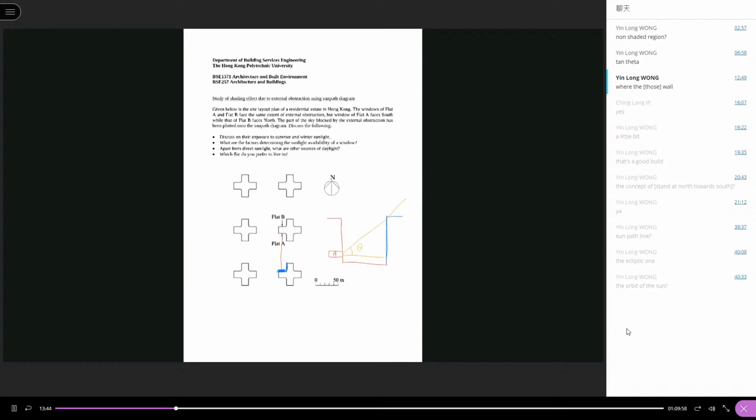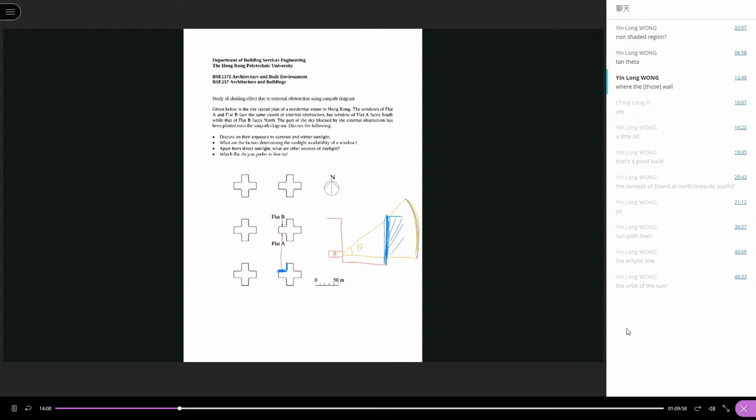Any part of the sky with the angle smaller than theta will be invisible to flat A because it is blocked by this building, blocked by this wall. So this wall will block this part of the sky.